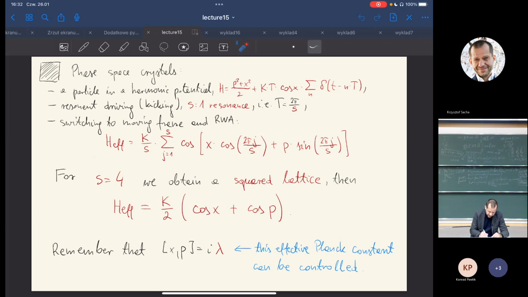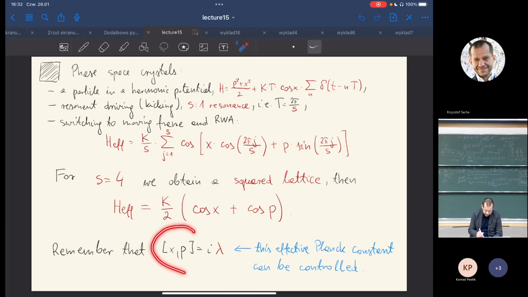For s equal 4, our effective Hamiltonian can be reduced to a simpler form, which is simply the sum of cosine x plus cosine p, position and momentum. When we consider the quantum case, a quantum particle, then x and p do not commute.